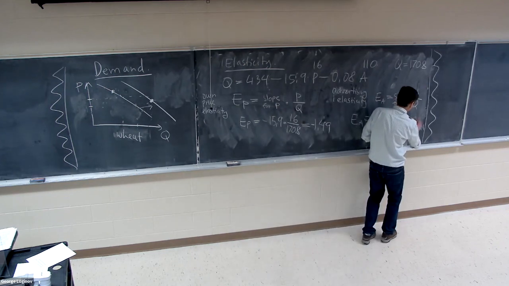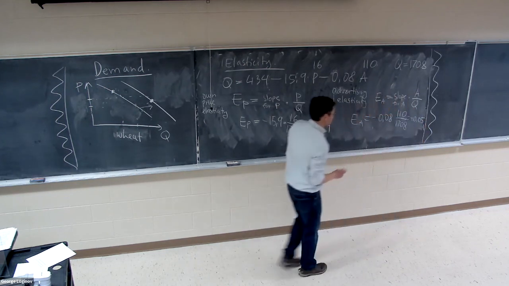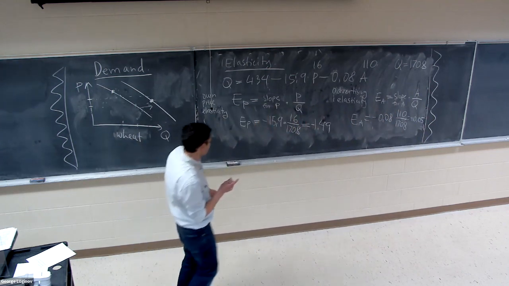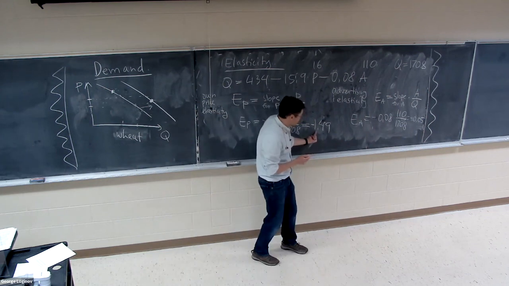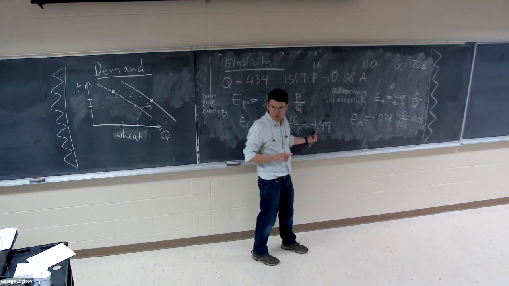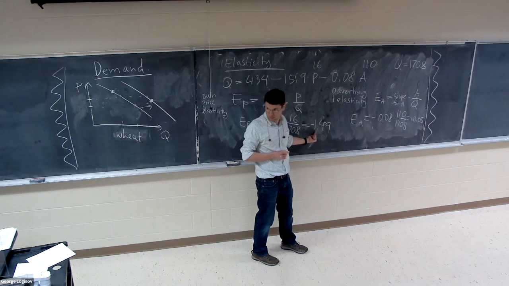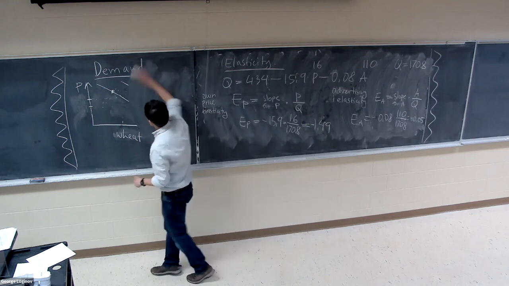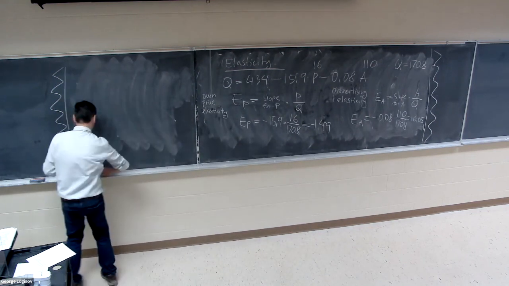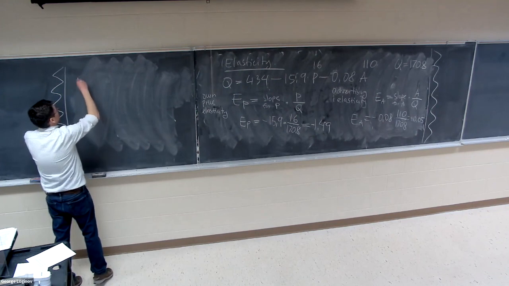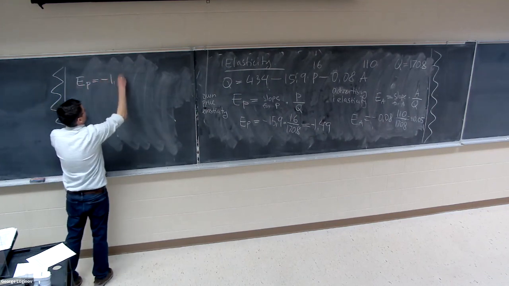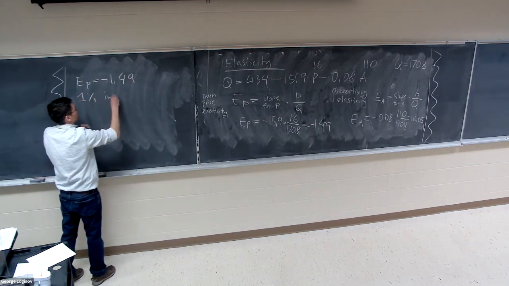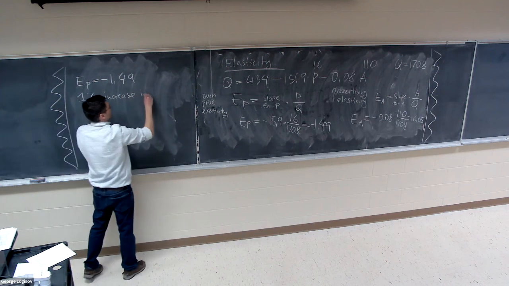Now, what do they mean here? For each 1% increase in price, your quantity will drop by 1.49%. Let me write it down separately. Price elasticity of negative 1.49: a 1% increase in price results in a 1.49% reduction in sales.